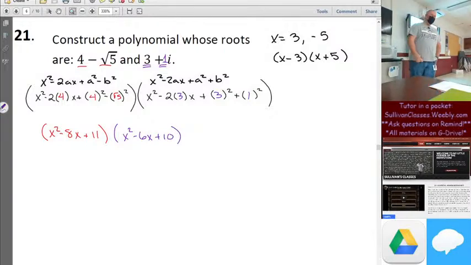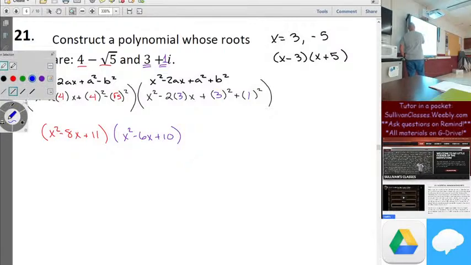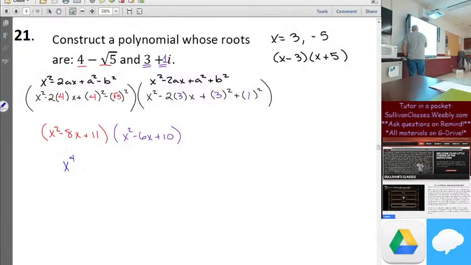Unfortunately, we ain't done. You still have to finish it off. Multiply the 2. x times all the junk: x to the 4th minus 6x to the 3rd plus 10x squared.